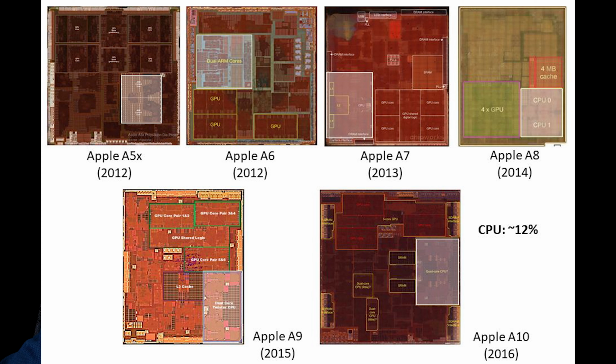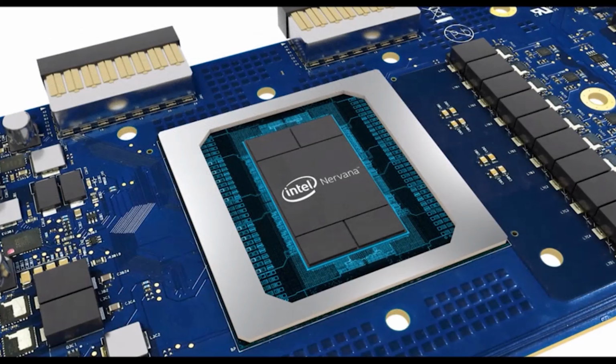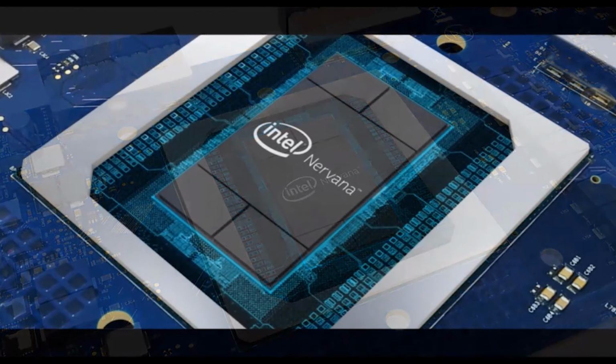Chips that power embedded systems, such as Apple's iPhone and iPad processors, have always allocated most of the chip area to specialized hardware designed for specific capabilities. Outside of embedded systems like phones, specialized hardware is becoming increasingly prevalent in other areas, even in the data center, like in server rooms.